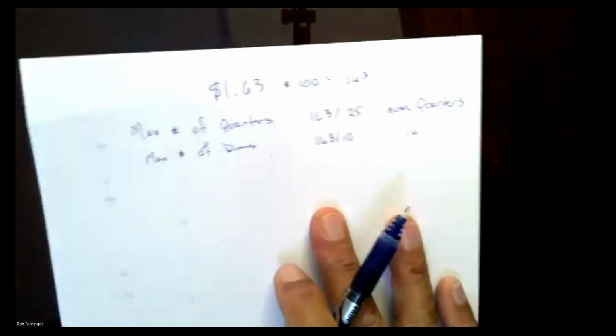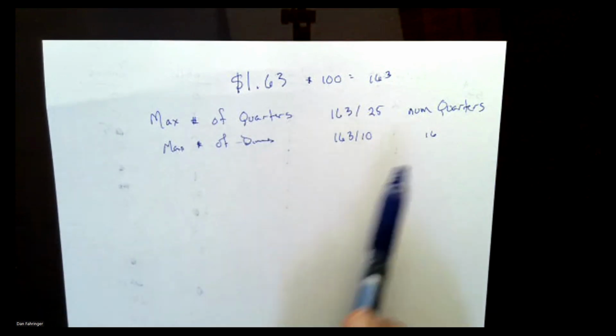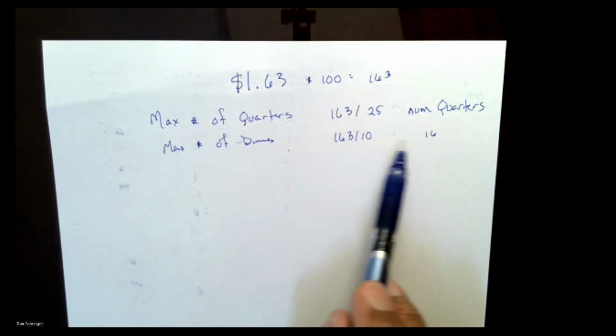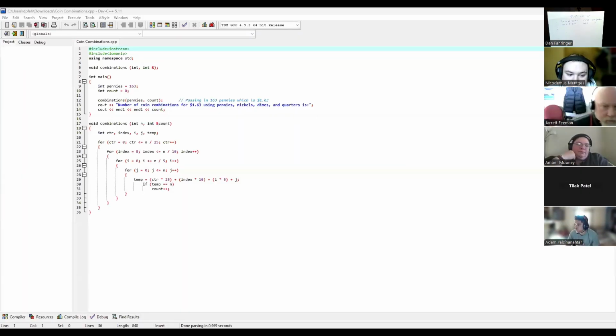Coming back to here, what if I would have said, the maximum number of quarters I can have is 6. The maximum of dimes is 16. What if I decided to go something like this? 163 pennies. I went from a for loop, the maximum number of quarters, boom, boom, and boom.